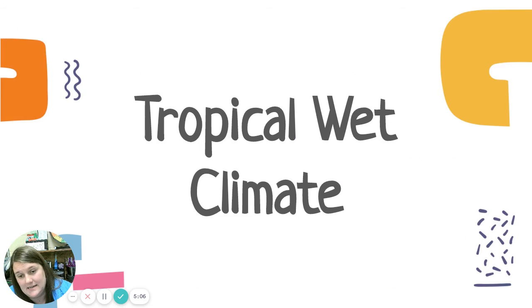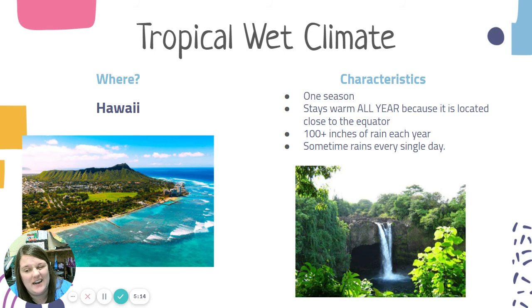So that's what permafrost is. And then finally, we have tropical wet climate. This is obviously going to sound most like the tropics that we learned about. We're going to get this in Hawaii. One season, it stays warm there all year long, super close to the equator, 100 plus inches of rain there every year. Sometimes it rains every single day.